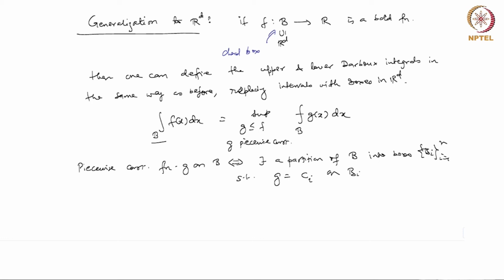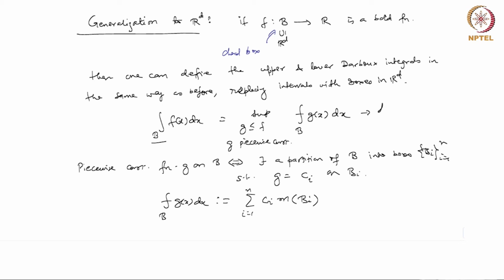So we have replaced intervals with boxes, and the rest of the definition remains the same. In this case the piecewise constant Riemann-Darboux integral is by definition the sum of C_i times m of B_i, i equal to 1 to n. We can also define in the same way the upper Darboux integral.